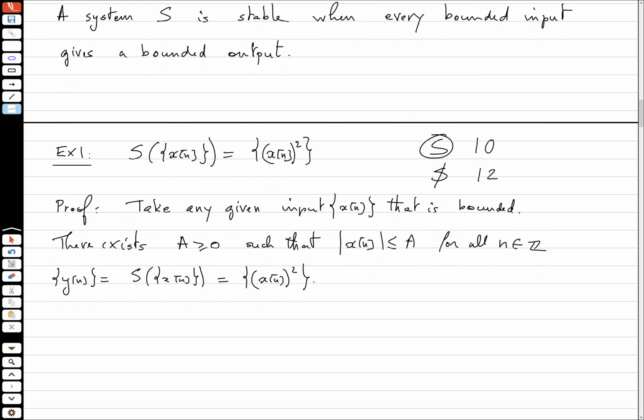Now, do you agree? Do you agree that y of n is less than b, with b equals a squared?